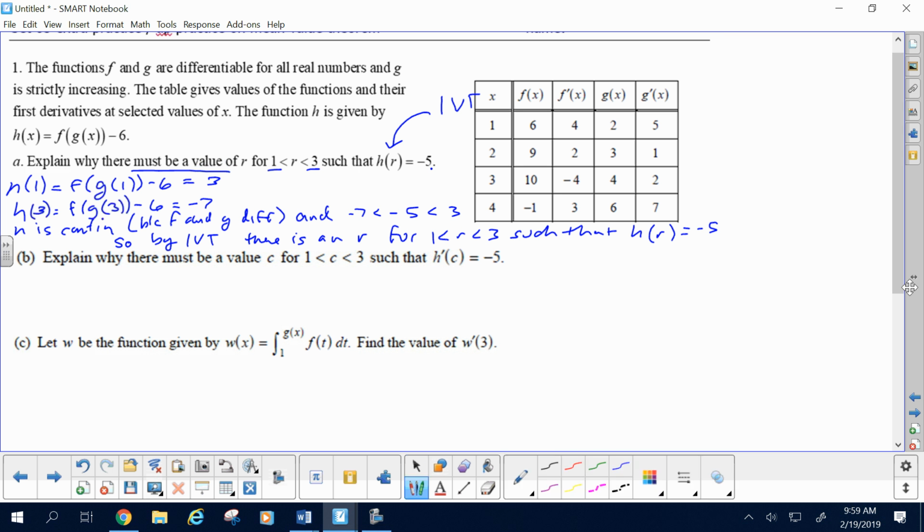Now, if there's a "why must there be h prime," then you should think MVT. All right? So, here I pretty much have the things I need to run MVT. I have h at 1 and h at 3. What I need to do is start meeting the conditions. h is continuous and differentiable.